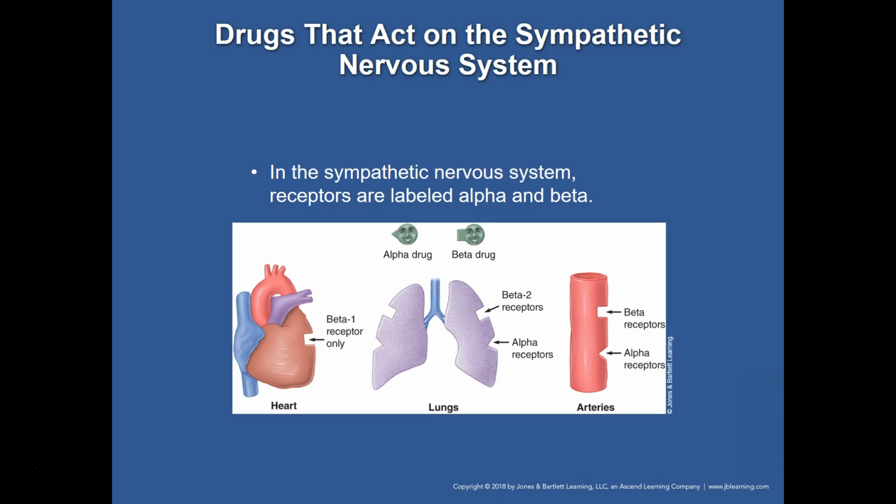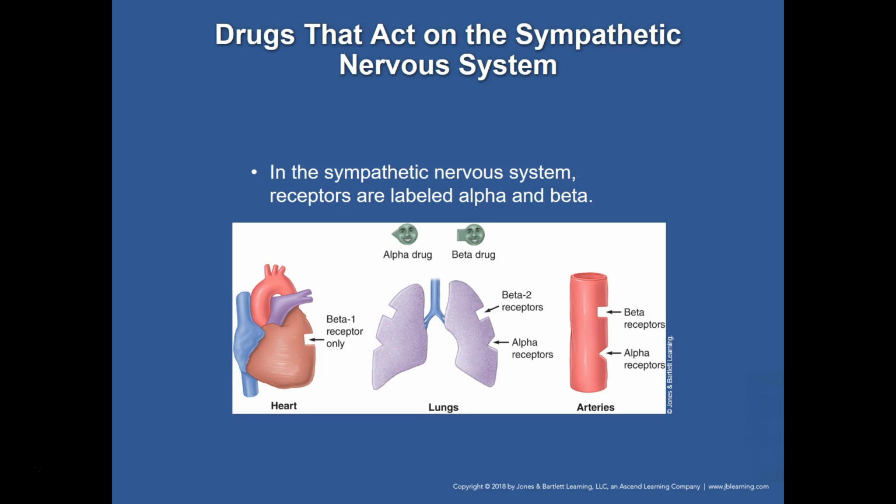They're receptors on organs that when the right transmitter plugs into them, it causes that organ to respond to that stimulus, okay? Beta 1 receptors are only in cardiac muscle. Beta 2 receptors are only in lungs, okay?